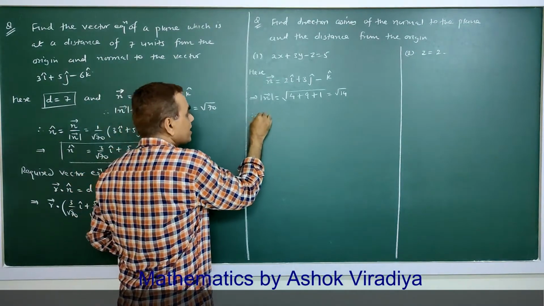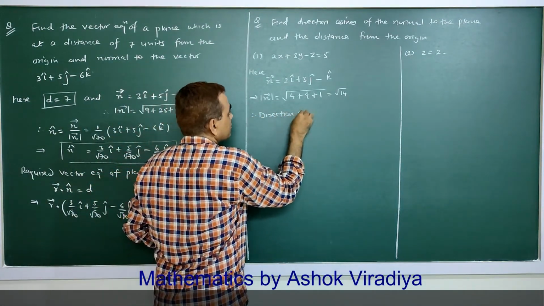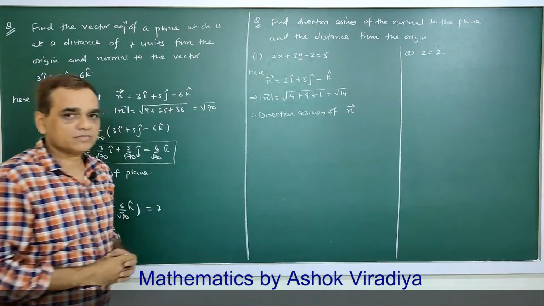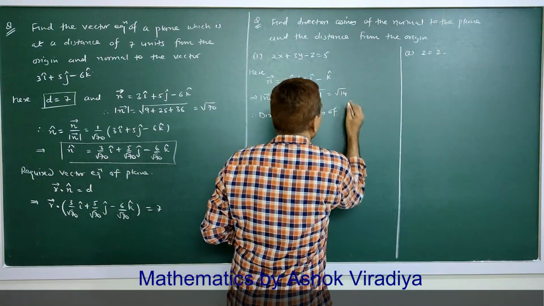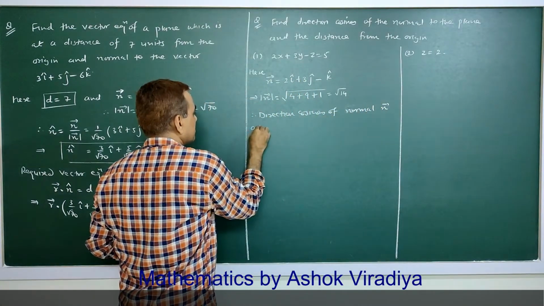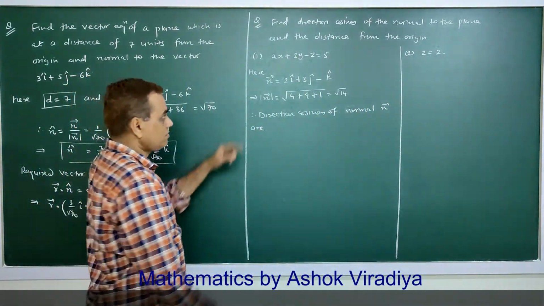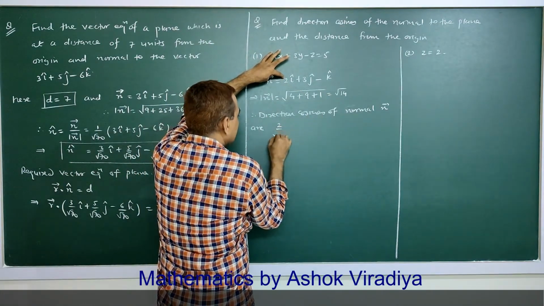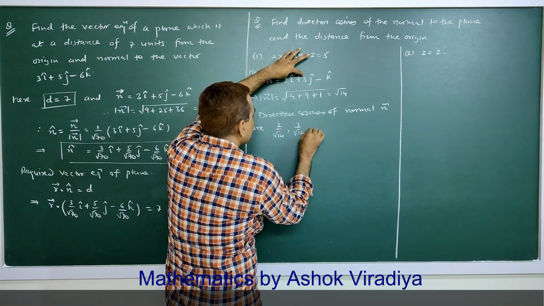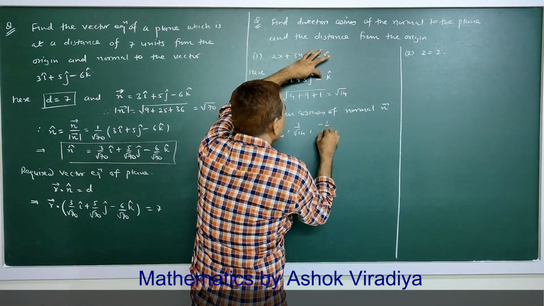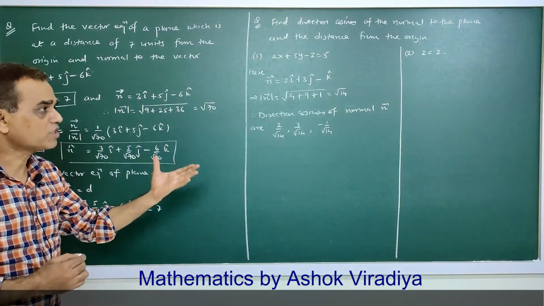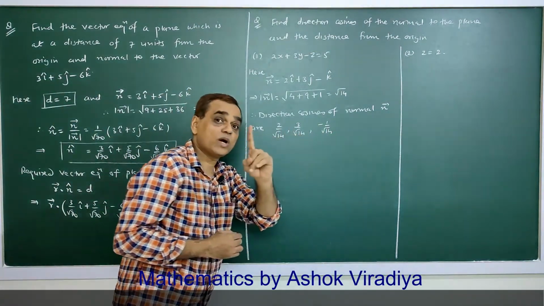Therefore, the direction cosines of the normal n are 2 by root 14, 3 by root 14, minus 1 by root 14. These are direction cosines, so the sum of squares of these numbers is 1.